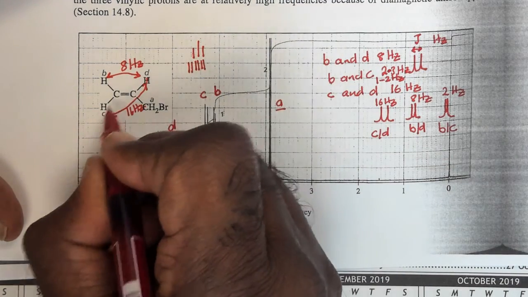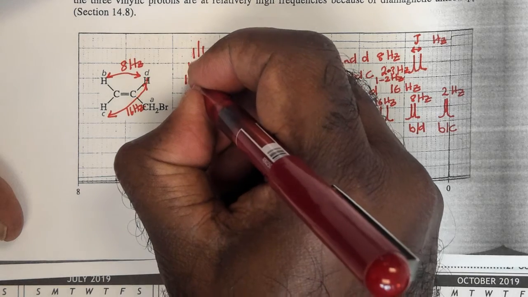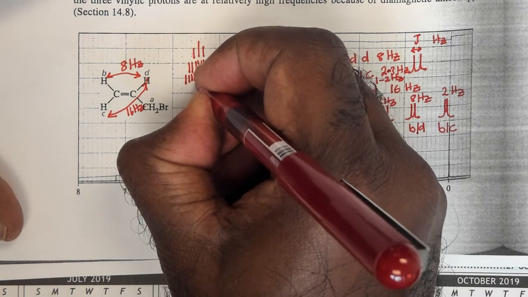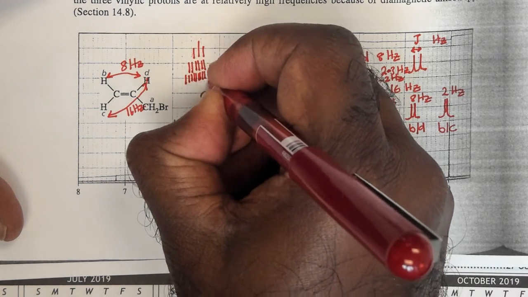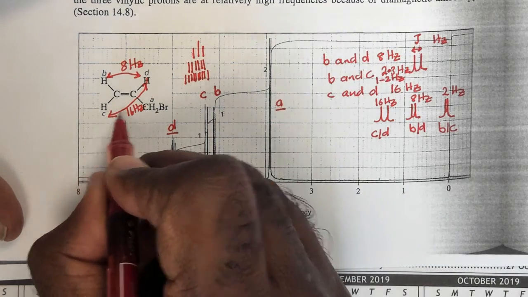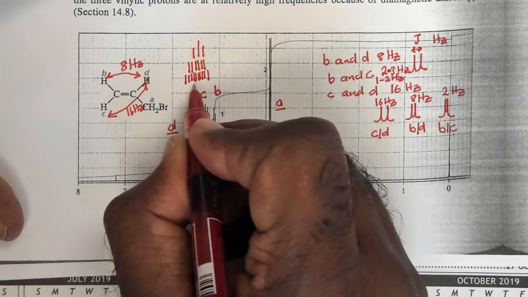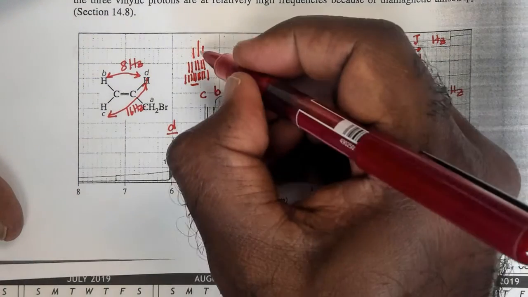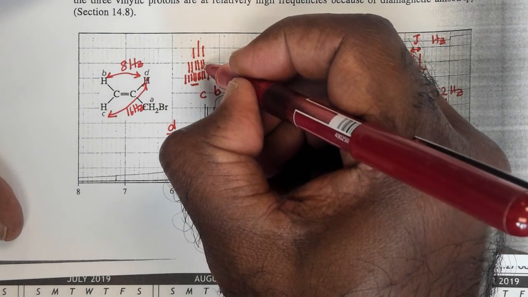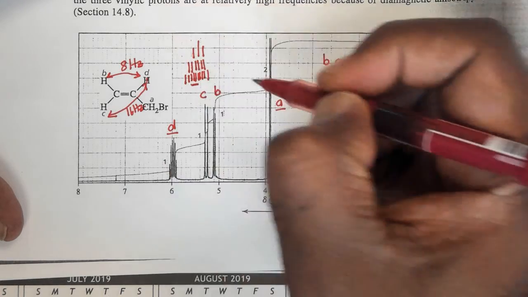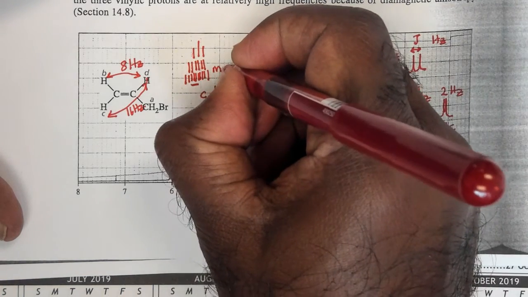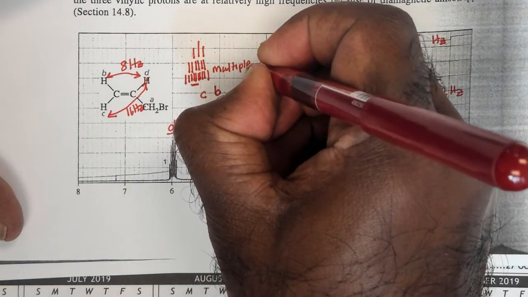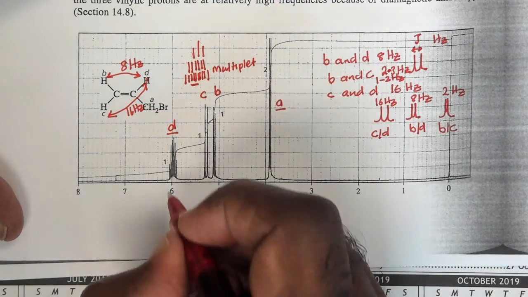And then split further by the C into doublets again, by the C of larger 16 hertz. Can you see now there's many lines here? Alright, so that 3 would further be split into 6, and that 6 would be split into 12. So that's a multiplet that you see here.